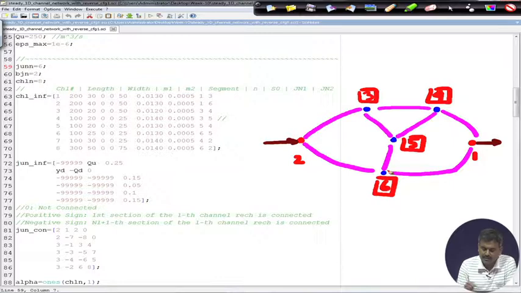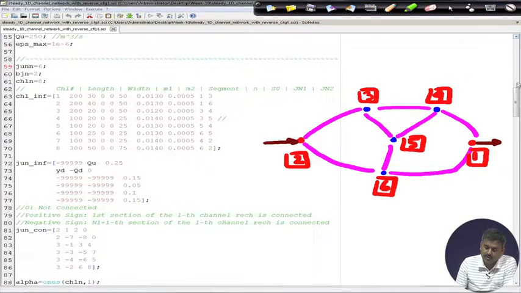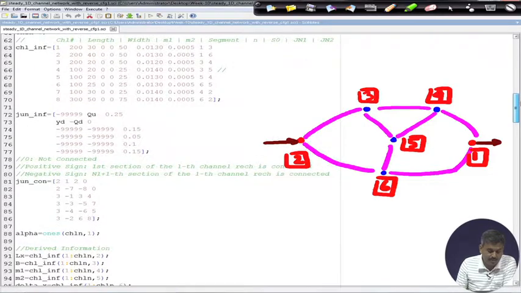In this case, this is node number 2 and 1. Okay. Let us see how we can utilize this during our programming.